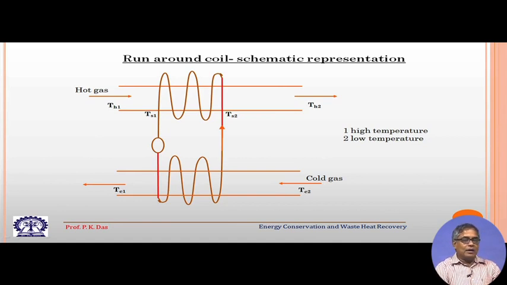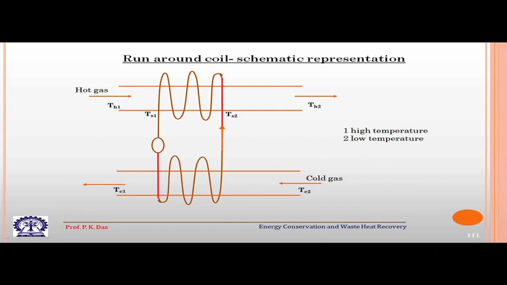The norm for nomenclature that we have followed is that subscript 1 is used for high temperature and 2 for low temperature. So two heat exchangers are involved, and in between a moving fluid in a loop.